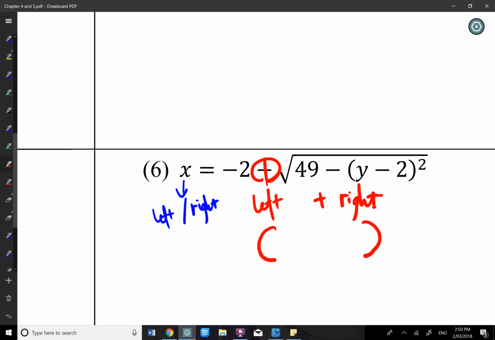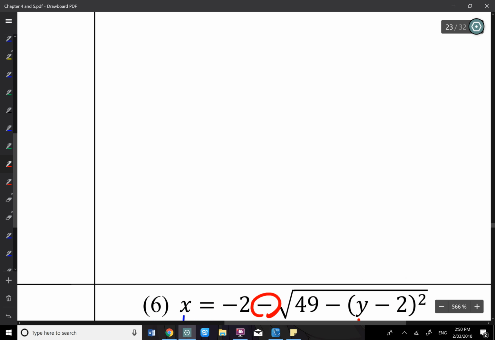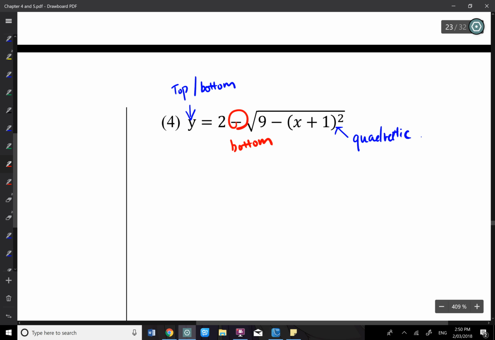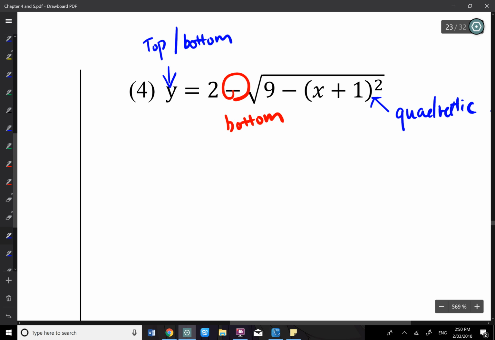Okay, now the next thing will be a little bit complex. I want to rearrange it back into the normal form. So what I will have here is y minus 2 equals negative root of 9 minus x plus 1 squared.